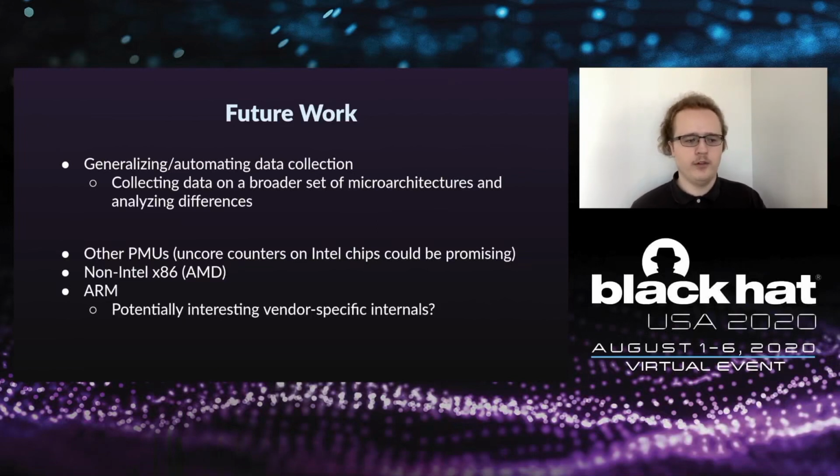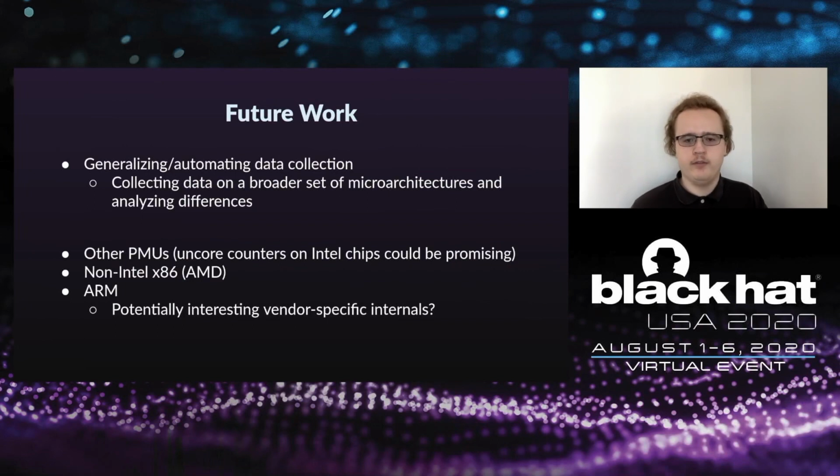There are also other PMUs to explore, specifically the uncore counters on Intel chips. Could be very promising because they also deal with cache coherency stuff, last level cache stuff. There's also AMD. AMD is a player, again, in the x86 space, and presumably has a similar pipeline architecture to Intel. I don't know for sure, but I would assume so.